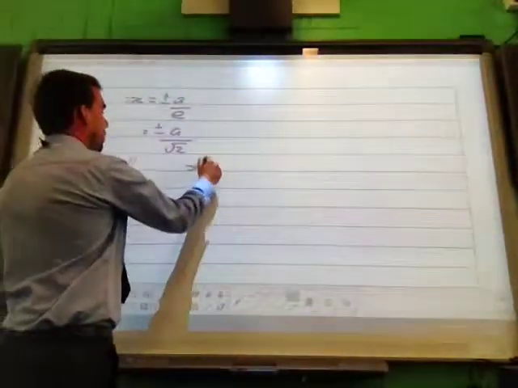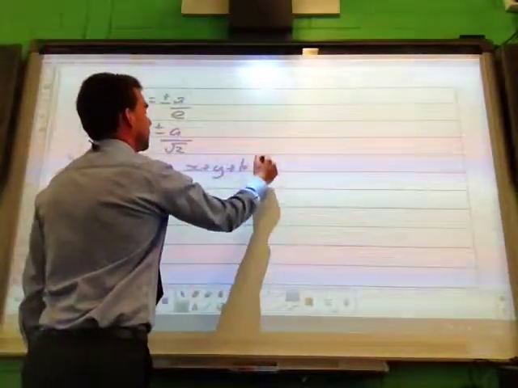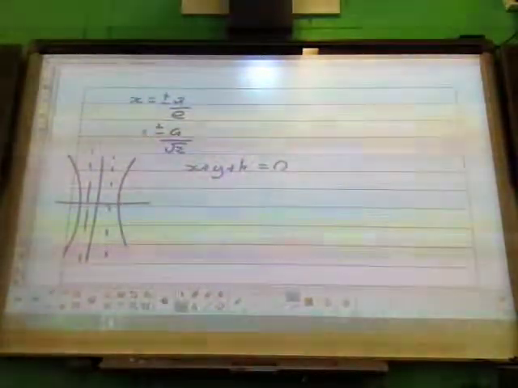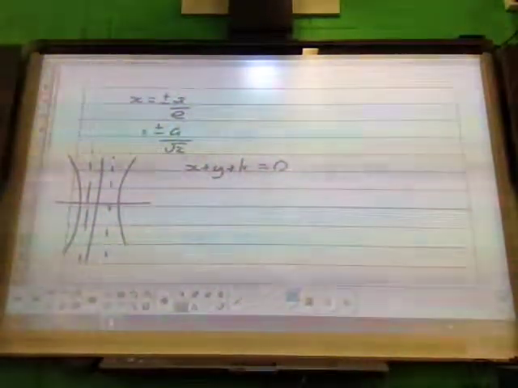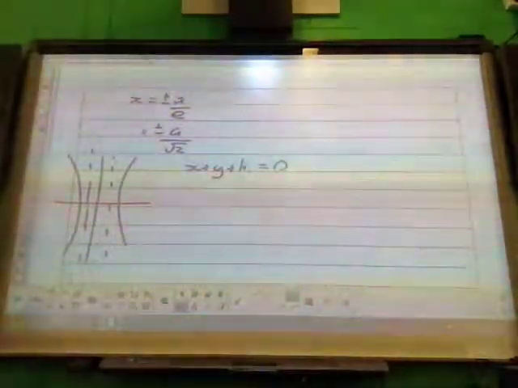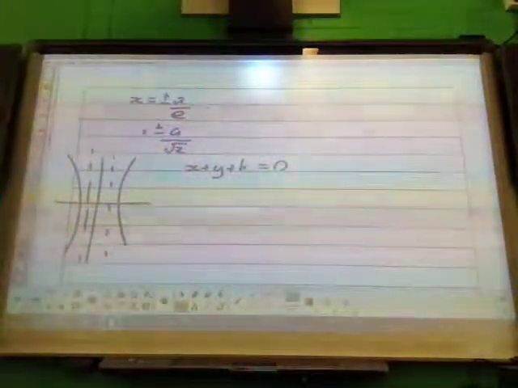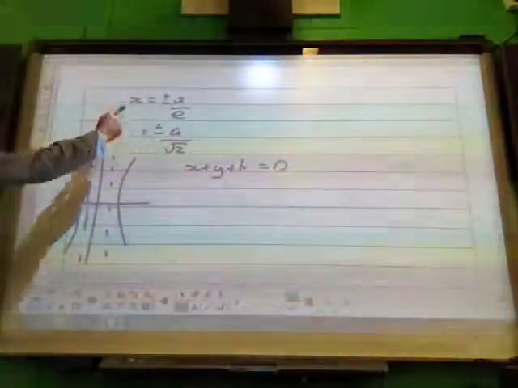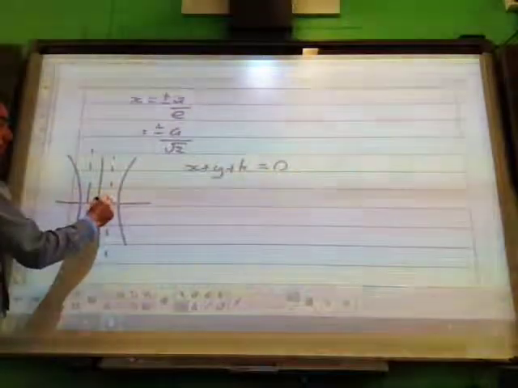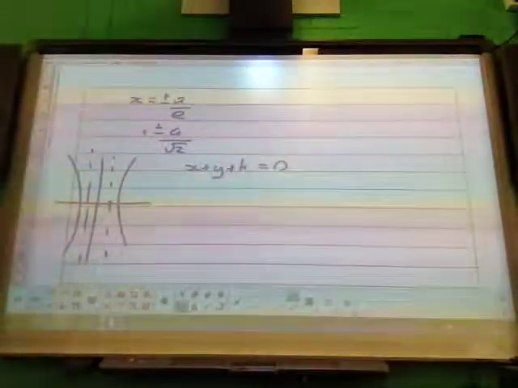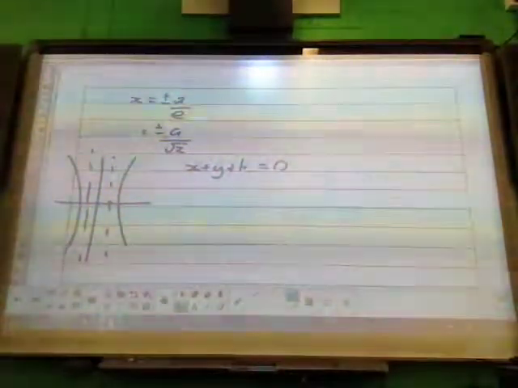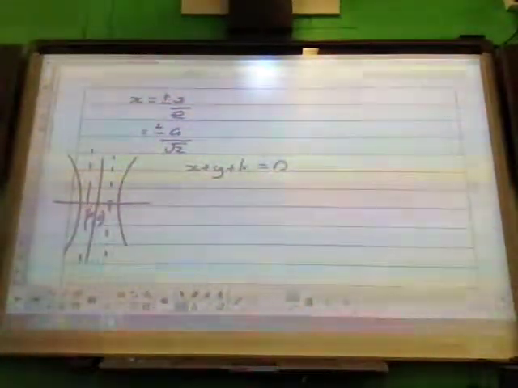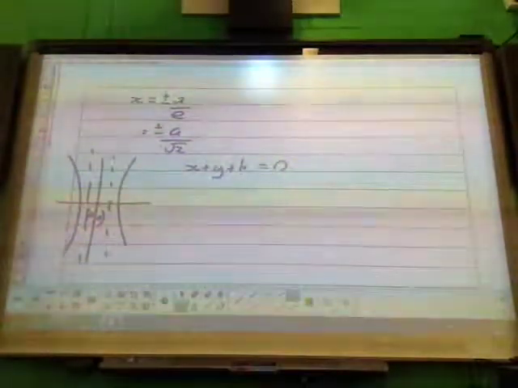So, it's going to be in the form x plus y plus some constant equals 0. That's the format it's going to be in. Now I'm going to determine what the value of k must be. But I know that the distance from the origin to the directrix is A on root 2. So I can use my perpendicular distance formula, and that will help me solve for k.